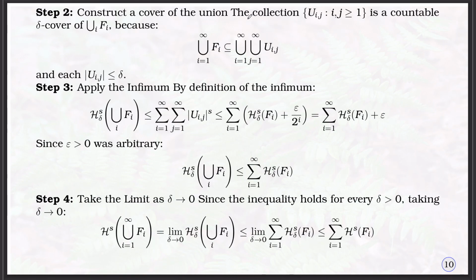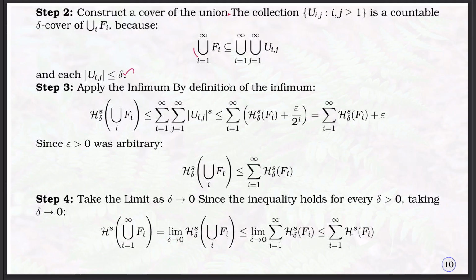Now construct a cover of the union. The collection U_{i,j}, where i and j run from 1 to infinity, is a countable δ-cover of the union of F_i, because the union of F_i is contained in the union of these U_{i,j}, with all the sets having diameter at most δ.